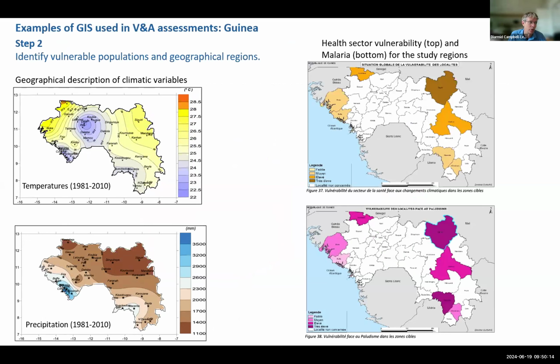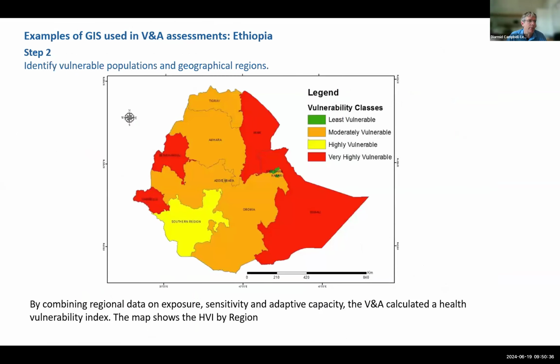So here are examples from Guinea, where we're looking at temperature and precipitation, but also combining that with information that we may have on the overall vulnerability of the health of the population or of the health system, but also where we already have, for example, high rates of some of the diseases or other health outcomes that we're interested in.